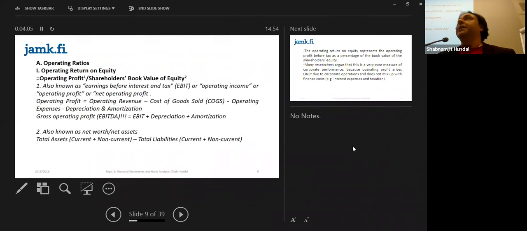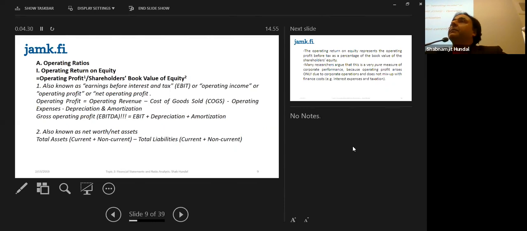The gross operating profit is also called EBITDA, which means the earnings before interest, tax, depreciation, and amortization. The earnings before you pay interest. The earnings before you pay tax.